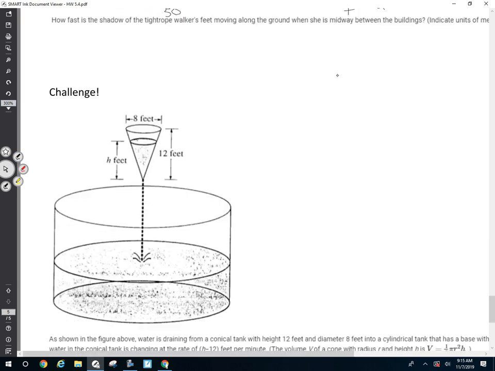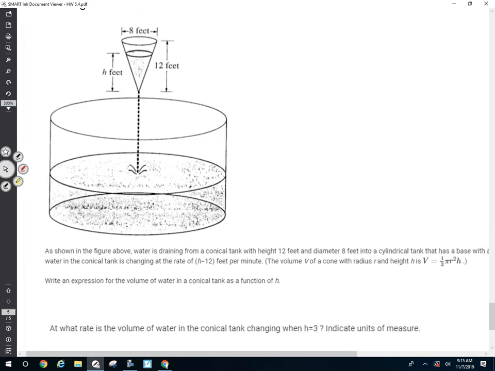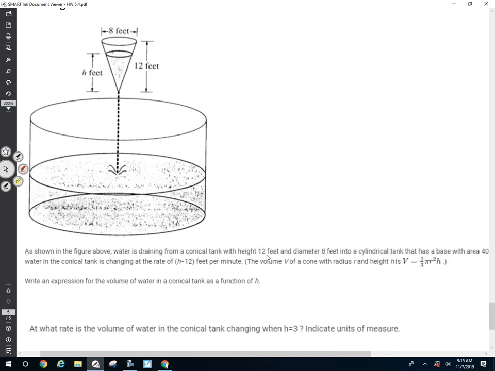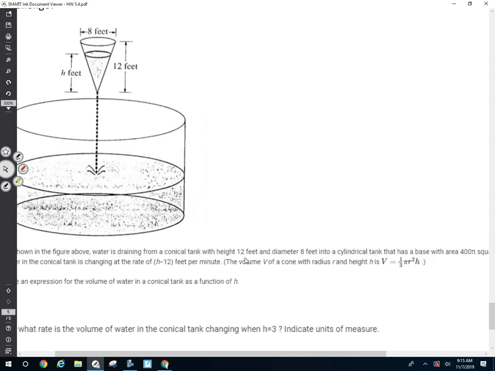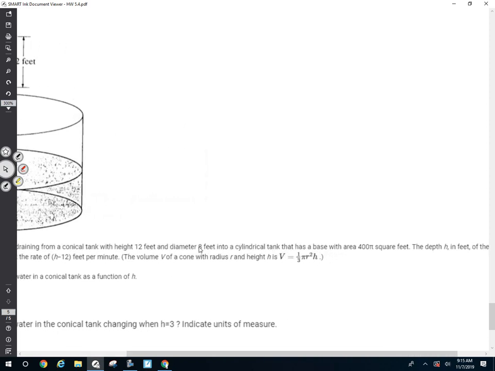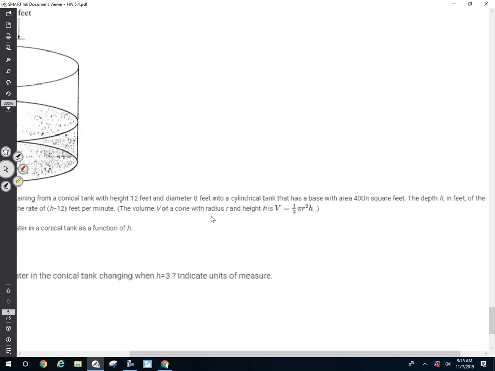Challenge. Okay, shown in the figure above, water is draining from a conical tank into a cylindrical tank with a base area. This is important. That base area, or that pi r squared, is equal to 400 pi.